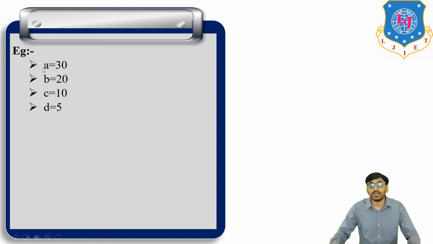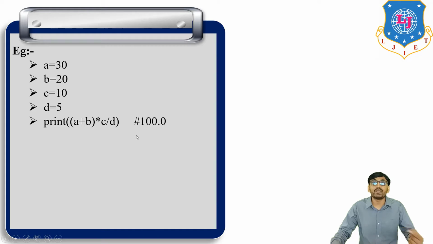Now an example: a is equal to 30, b is equal to 20, c is equal to 10, d is equal to 5. So there are four variables. Now print, in the bracket, there is another bracket, a plus b, then multiply c, then divide d. If we print this one, the answer is 100.